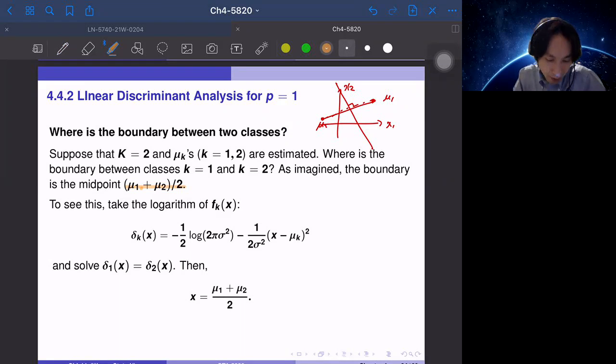If the class average for class 1 is mu1 and the class average for class 2 is mu2, then the midpoint is the boundary. Suppose mu1 is smaller than mu2, and if x is below this midpoint, then that observation is classified as class 1. If larger than that, we classify that observation in class 2.